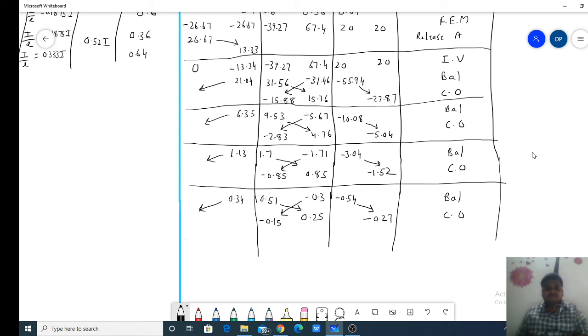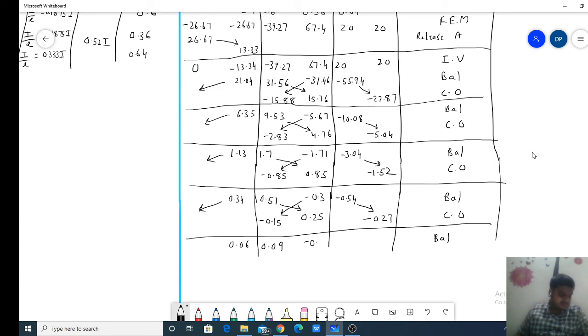So once this is done, before doing anything, last step should be balance, so I am doing balance here. So this comes out to be minus 0.5 means this comes out to be 0.06, and 0.09, 0.27, 0.25 means this comes out to be minus 0.09, and this comes out to be minus 0.16, right.